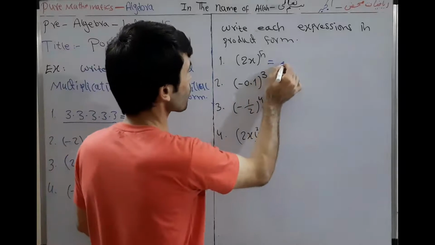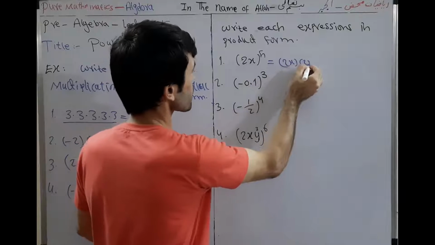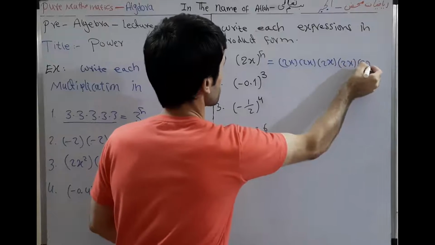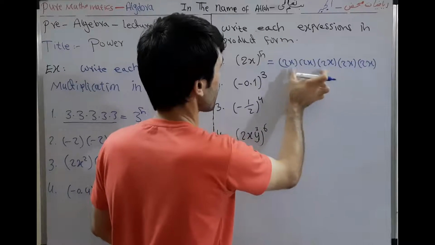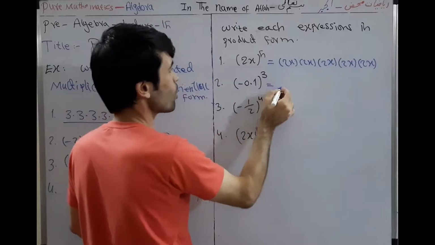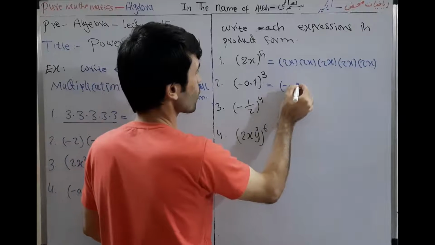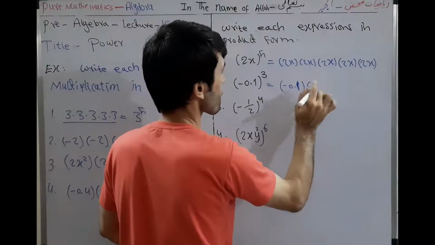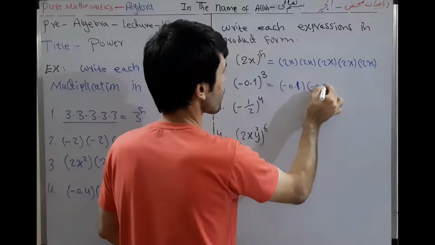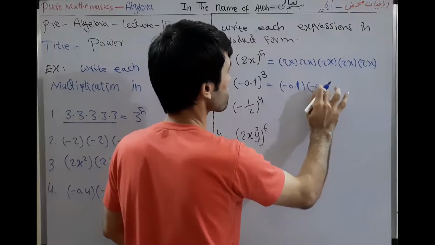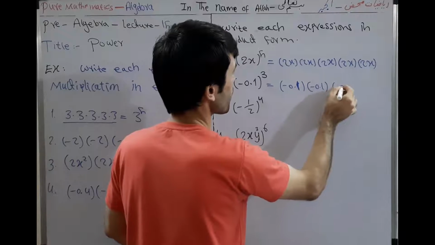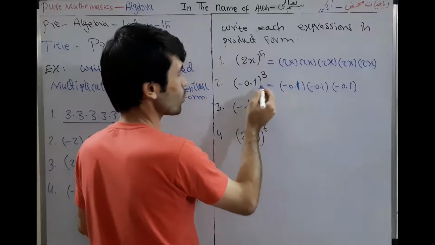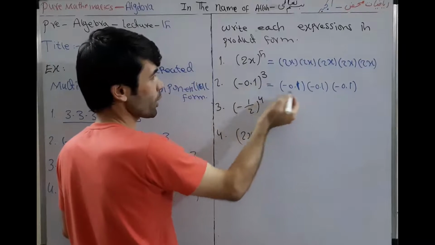Here we can write 2x into 2x into 2x into 2x into 2x. How many times? 5 times. Here also minus 0.1 into minus 0.1 into minus 0.1, 3 times. We have to write 3 times because the exponent is 3.